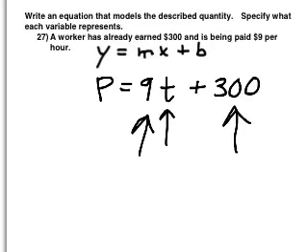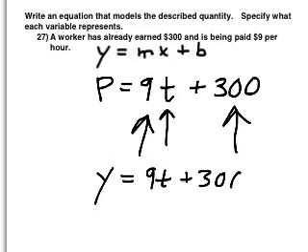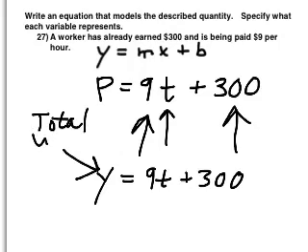So this could be written P equals 9T plus 300, or I'd actually rather just put it this way: y equals 9x plus 300. And so our variables mean our y is the total wage, including the $300, and our x is our time.